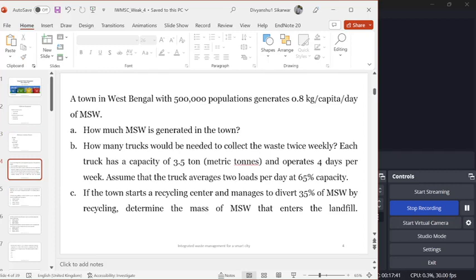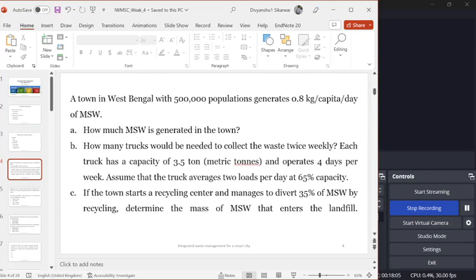Based on the content studied in week 4, there are a few numericals, and then further we will do some theoretical or MCQ questions based on the content we read from week 1 to week 4. So this is the first question.